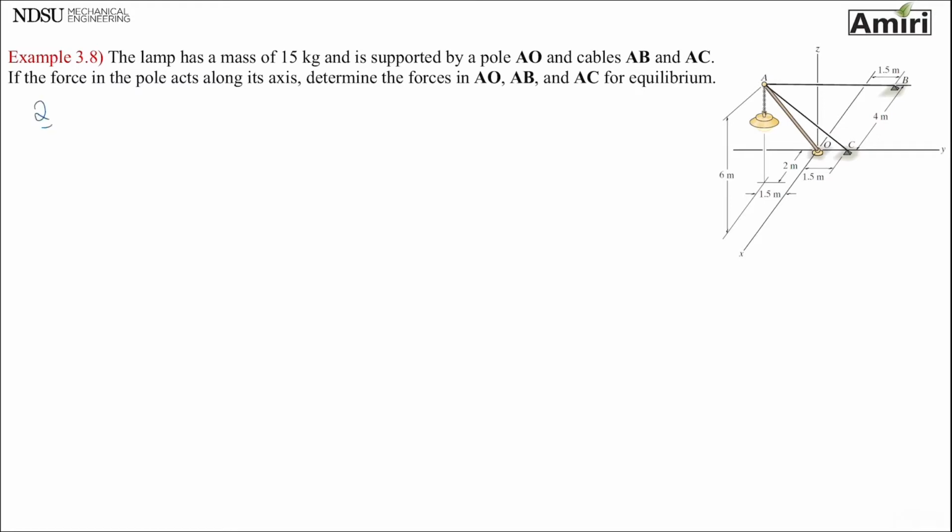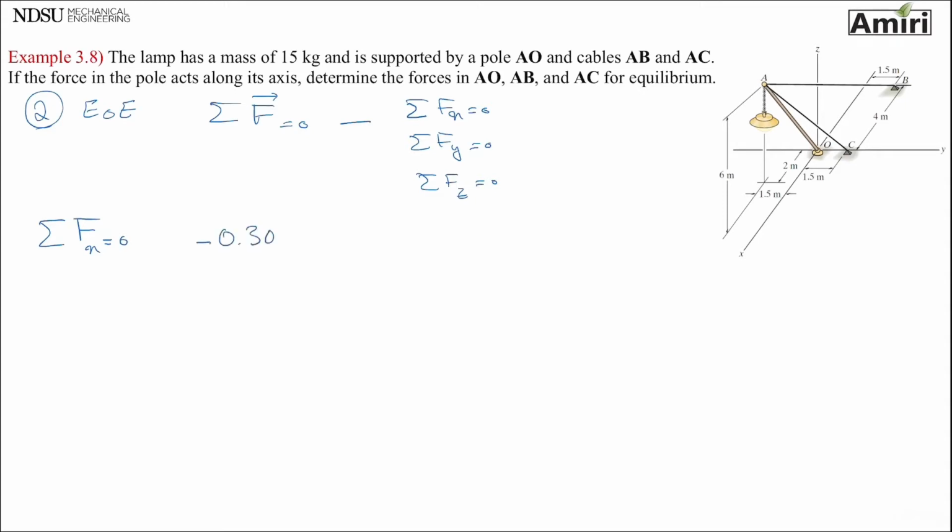Step 2 of this whole process was equations of equilibrium, summation of forces, 0, which result in sigma Fx equals 0, sigma Fy equals 0, and sigma Fz equals 0. Let's start with summation of forces in x. All the i's together. So .3077 FAO, .6667 FAB, .2857 FAC equals 0.